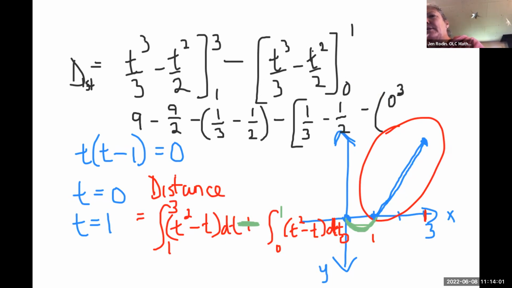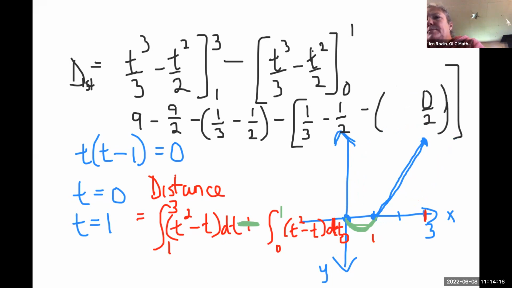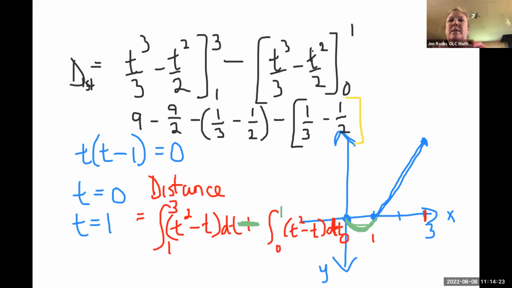That would be 0 cubed over 3 minus 0 squared over 2. That'd just be add-on work we don't need, so we can just ignore that part. Make life easier. And then hopefully it comes out really nice.